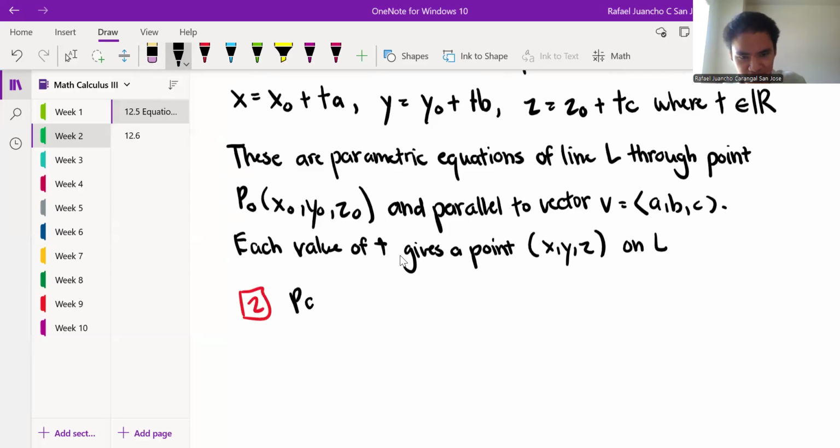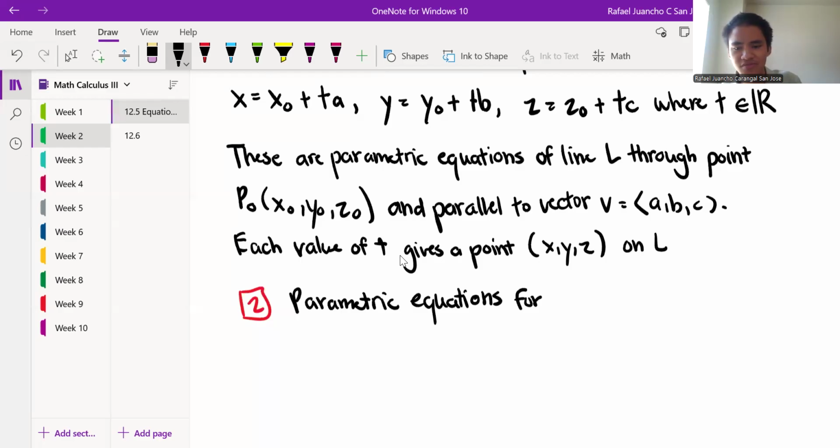Okay, so to summarize, we call them parametric equations because we have parameters. Here the parameter is t. Based on some t, we're gonna get some point on some line.